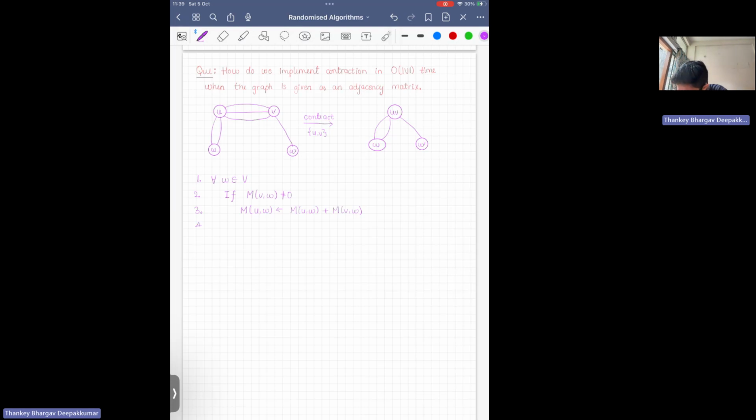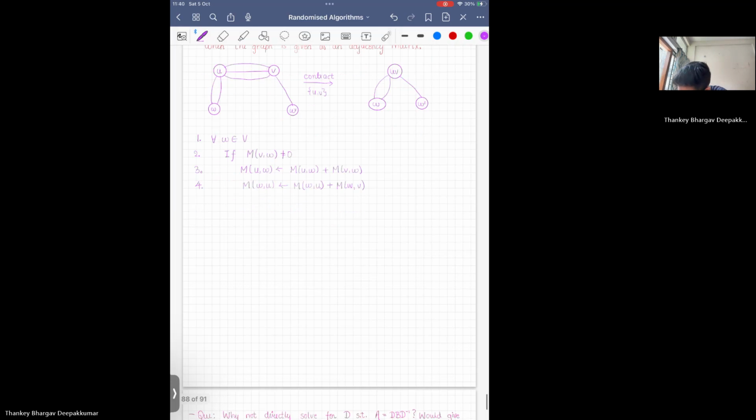So we should also do this. These two are the same, these two are the same, these two are the same because the graph is undirected. And at the very end, we should also replace.